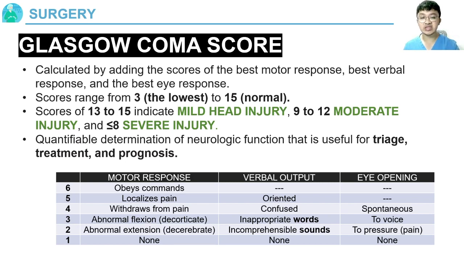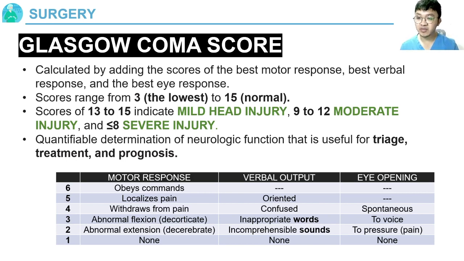When you have a GCS score of less than 8, as we previously discussed, altered sensorium is an indication for preemptive intubation. As they say, GCS score less than 8, need to intubate. So the Glasgow Coma score is a quantifiable determination of neurologic function that's useful for triage, treatment, and prognosis.